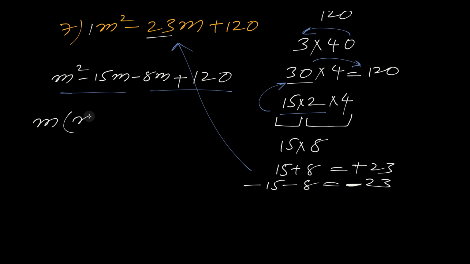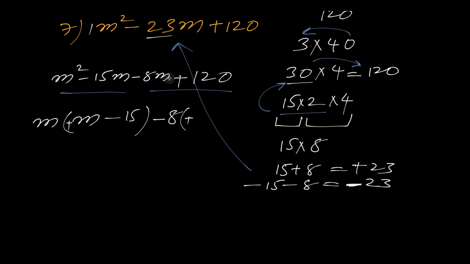One m is gone, so m divided by m is going to be 1, minus 15 as it is. Now since I require plus m, but here it is minus 8m, I'm going to take minus as common, and 8. So minus minus is gone, then I'm going to get the plus sign here.